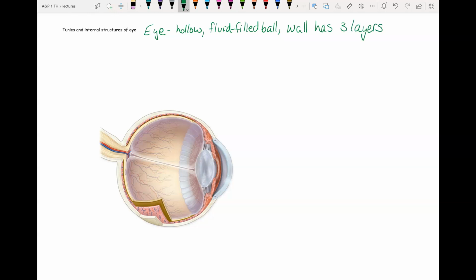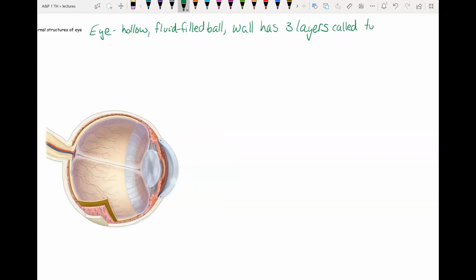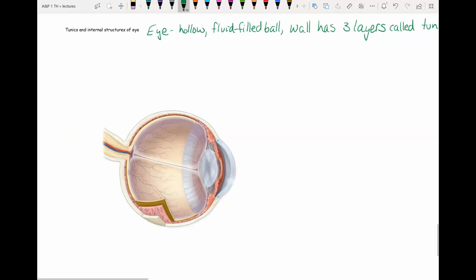So it's the wall that has 3 layers. And these layers are called tunics. So we're going to go through the structure in terms of the tunics.